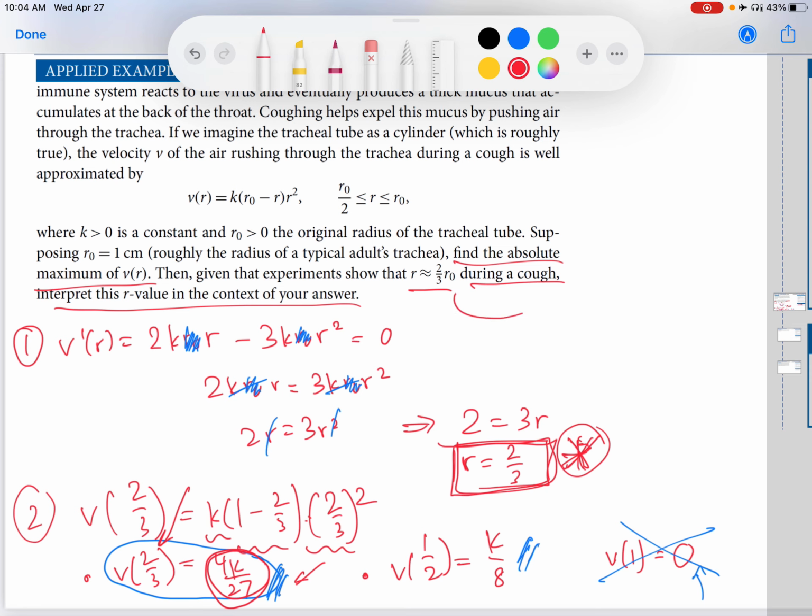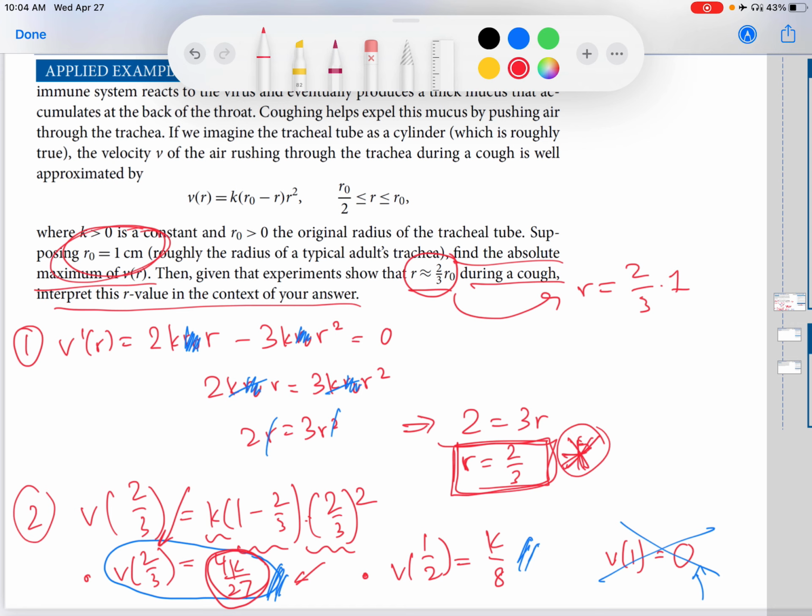Great. So we would say, hey, in this case, r sub 0 was 1 centimeter. And the r value that produces the maximum v of r value, we just derived to be 2/3. 2/3 times 1, right? Which is like 2/3 times r sub 0 when r sub 0 is 1.